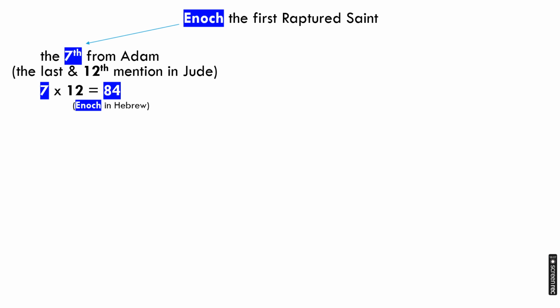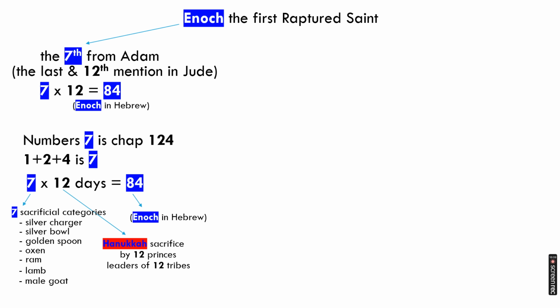The 84th day of 5786 is December 17. Numbers 7 is chapter 124, which has a digital root of 7. Since there are 7 sacrificial categories and 12 days of sacrifice, 7 times 12 is 84.